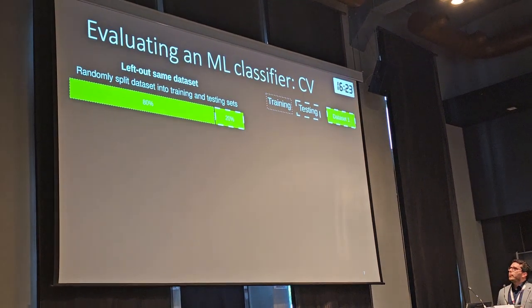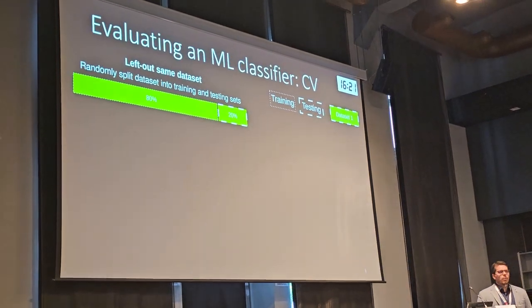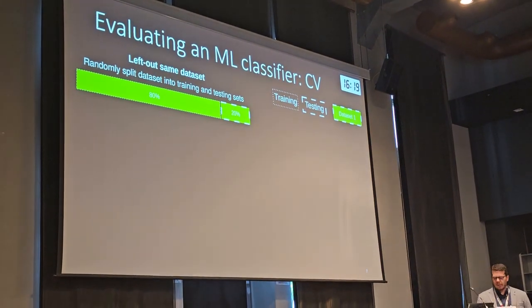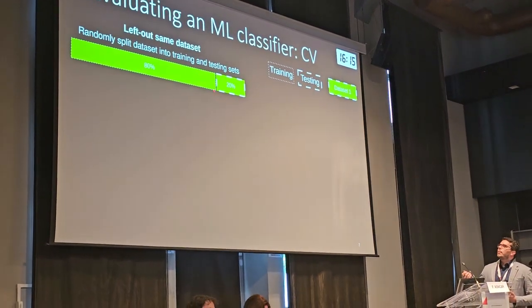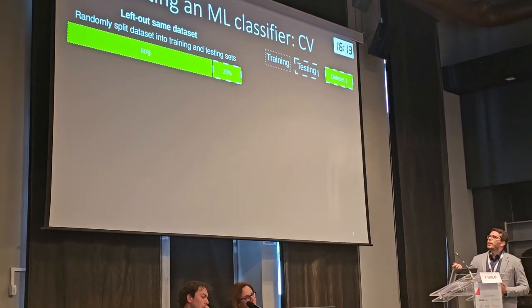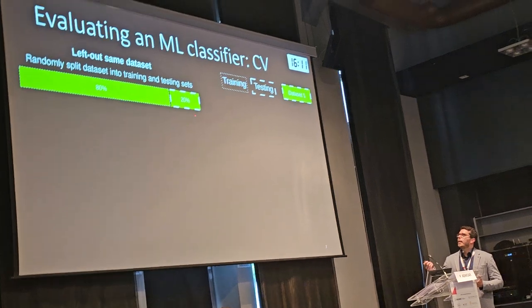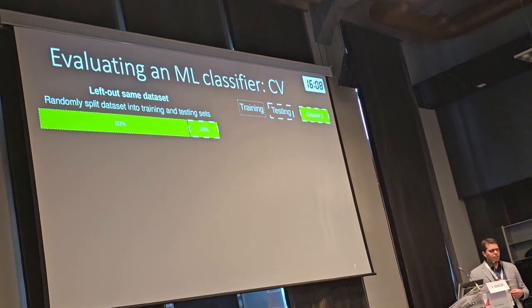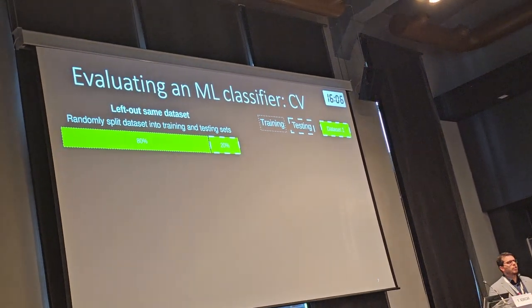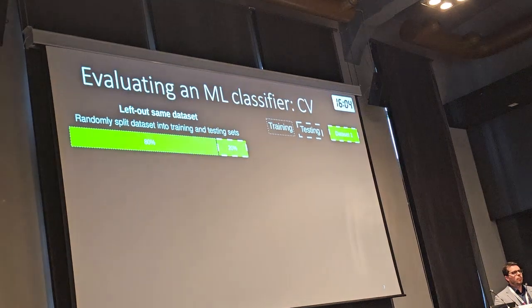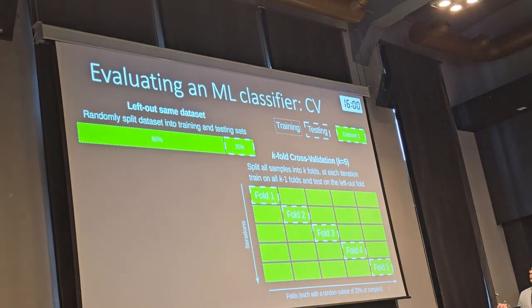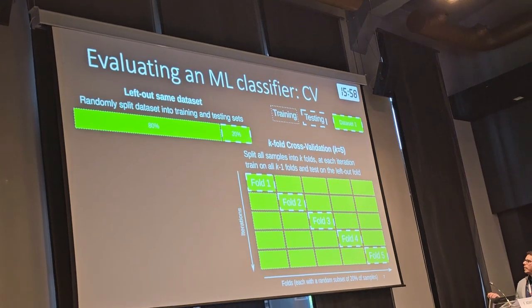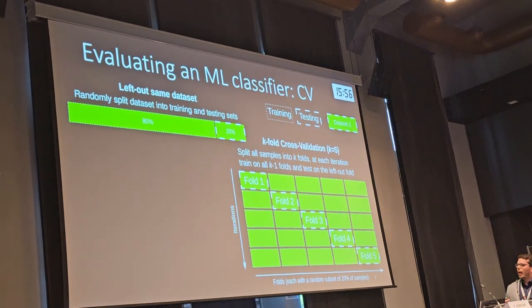So if we have one dataset, one cohort with n samples, the basic thing we can think to do is cross-validation, meaning that we will split our cohort into a training set and a testing set, because we want to test our model on samples that were not used during the training phase. And we can think to repeat this test set selection n times.